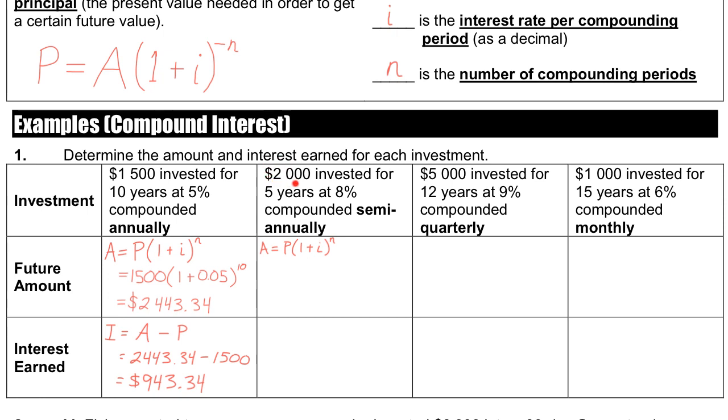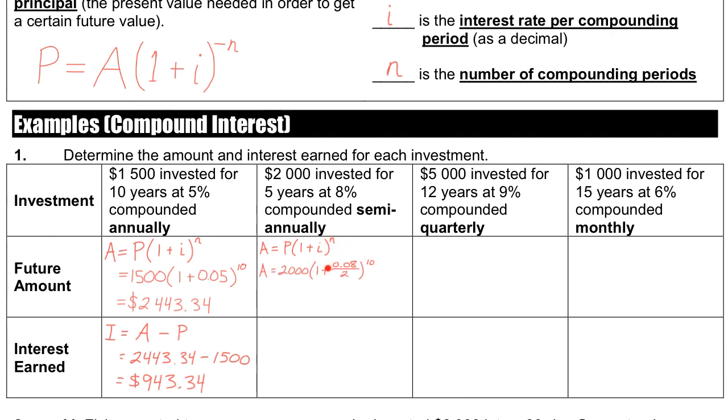So the principal is $2,000. Well, it's 8% interest, but it's compounded twice per year. So we need to divide this interest rate in 2. N is the number of compounding periods. So for 5 years, compounded twice per year, that's 5 times 2, that's 10 compounding periods total.